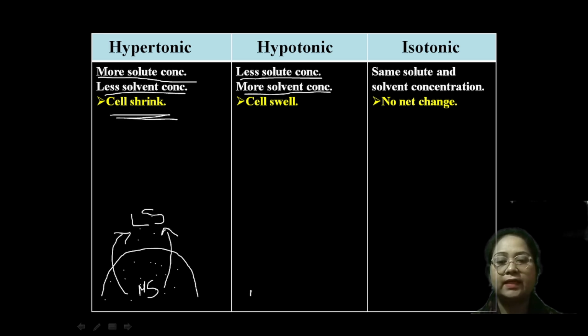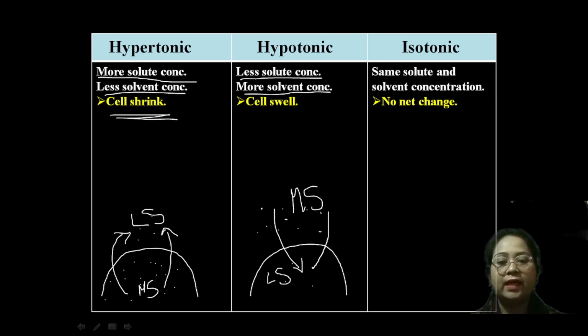So let us again take a part of plasma membrane, and inside the cell there will be less solute concentration, and outside the cell there will be more solvent concentration. Then what will happen? Those molecules from the outer environment will travel inside to the cell, and as a result the cell will swell in size.